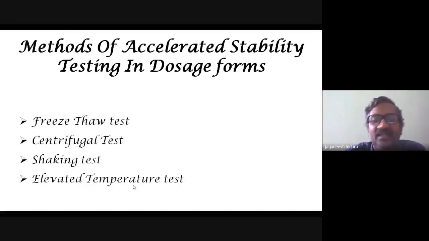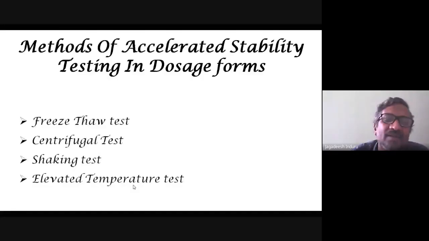And the elevated temperature test, this is actually what is being done. You are going to do the practical where you expose your solution to higher temperatures. One major experiment you are going to have is at 50, 60, 70, 80 like that.